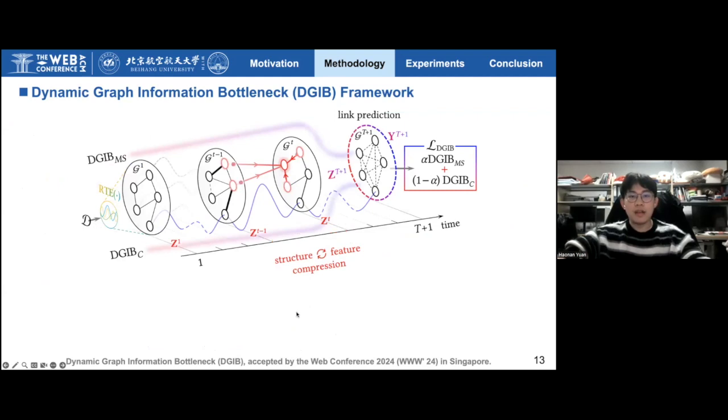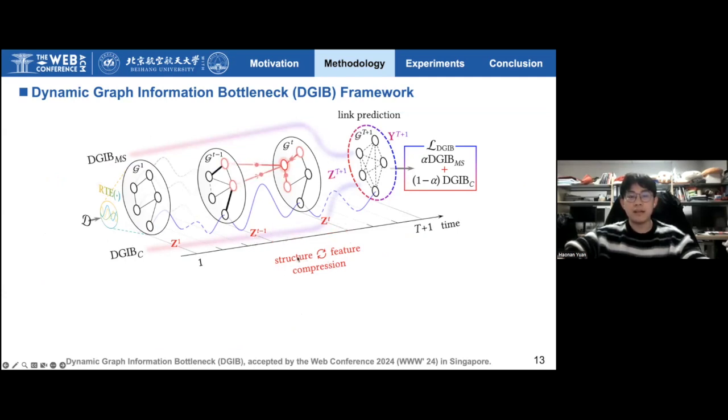The overall DGIB framework first receives the dynamic graph data as input and then uses the relative temporal encoding module to embed time feature coding into each graph node in each time slice. Next, feature compression is carried out along the time dimension and space dimension respectively, from two perspectives of node features and graph structure.